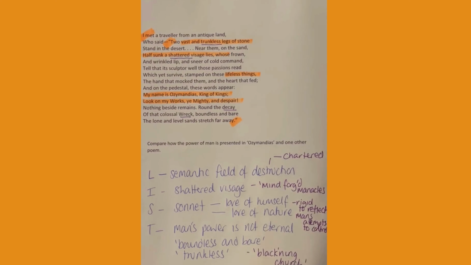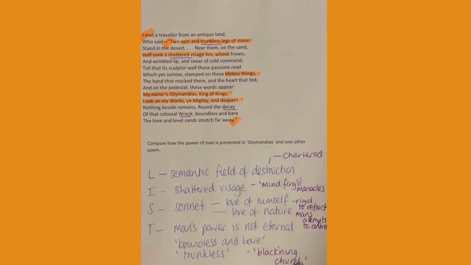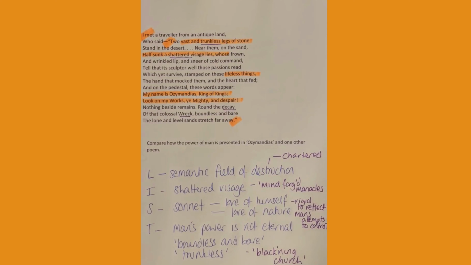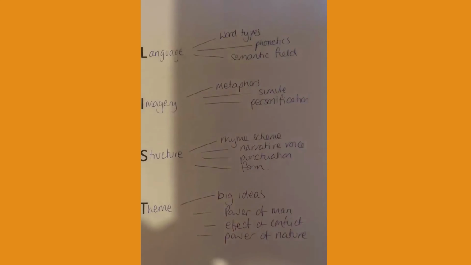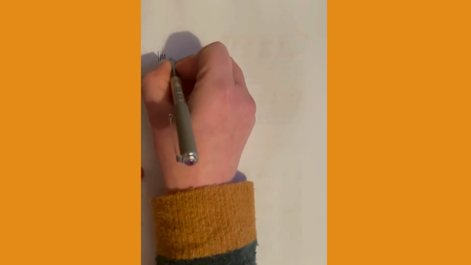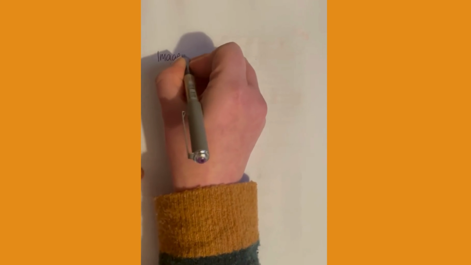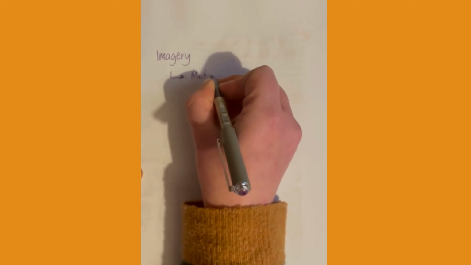So now that we understand that we're doing that, from that point, what we want to do is write a comparative paragraph, because within those paragraphs, you need to talk about both poems. So in your imagery paragraph, they're both metaphors.